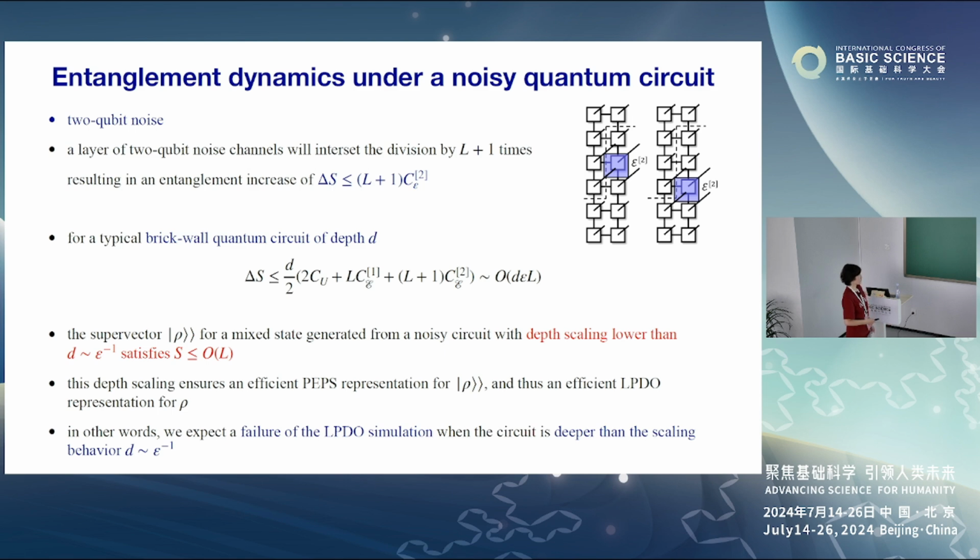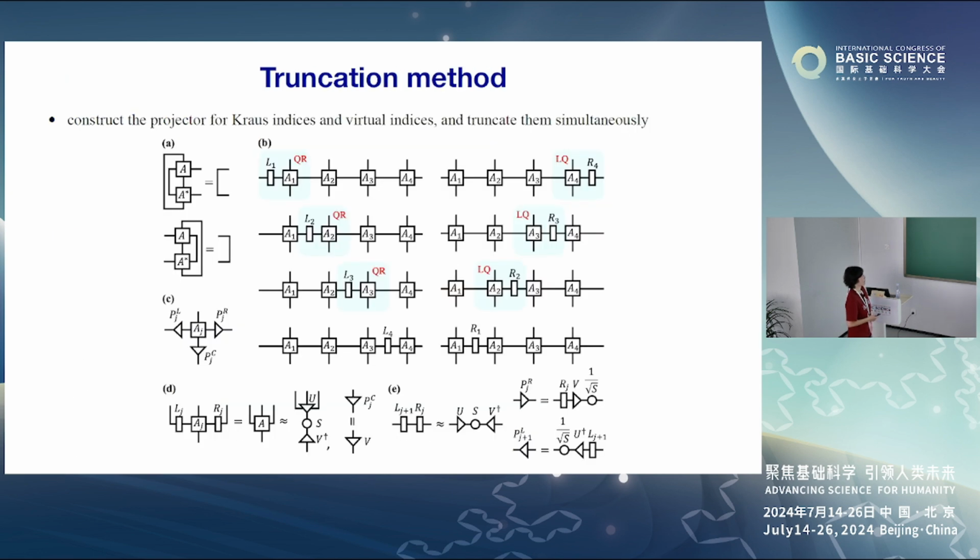In other words, if the circuit is very, very deep, the LPDO simulation may fail, when the circuit is deeper than this scaling behavior. So this is our conclusion from this analytical analysis. This means that if the circuit is not very deep, we can still use this LPDO. But if the circuit is too deep, the LPDO may not be a good representation.